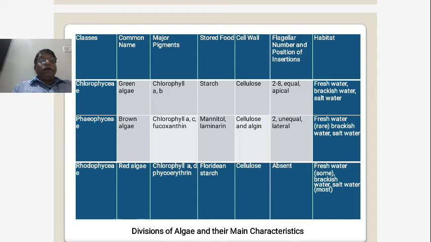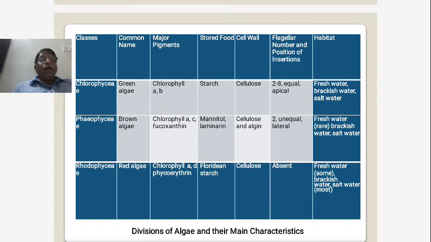Then, what about the flagella? In this class Phaeophyceae, the flagella are only 2 in number. And these flagella are unequal in size and laterally placed. So there is a difference between the flagella of Chlorophyceae and the flagella of Phaeophyceae.